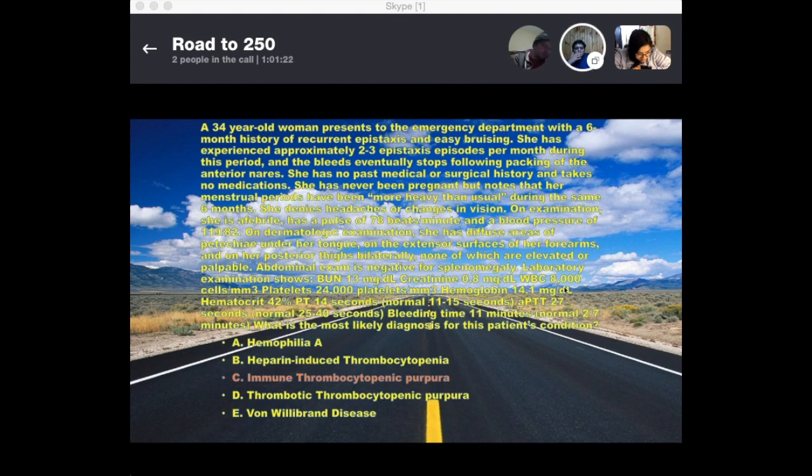You would see decreased platelet count and increased bleeding time in both immune and thrombotic. For thrombotic, you would also see a pentad of neurologic and renal symptoms, fever, thrombocytopenia, and microangiopathic hemolytic anemia.